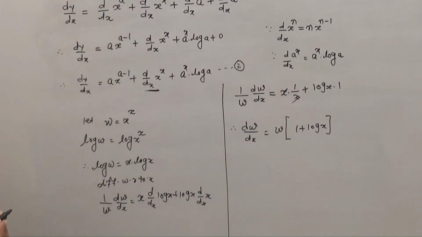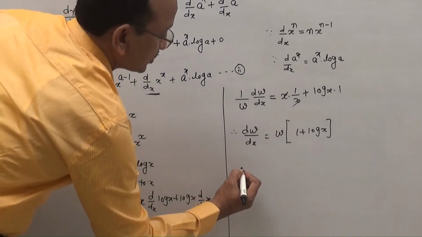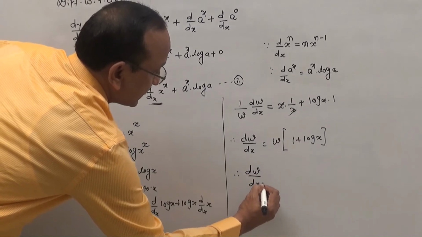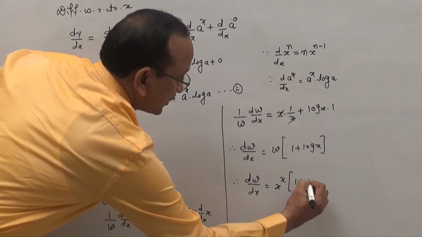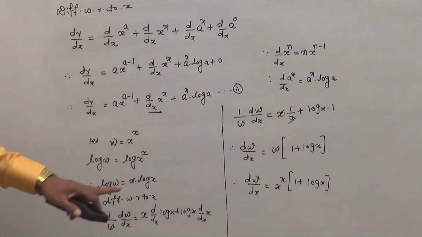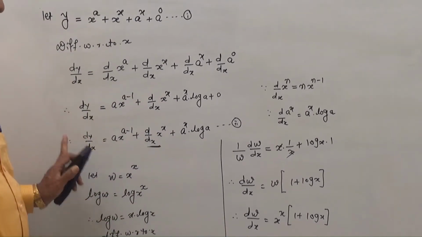Then what is the value of w? x raised to power x. Then we put the value of w here. dw by dx is equal to x raised to power x into 1 plus log of x. Now substitute this value of dw by dx in equation number 2.